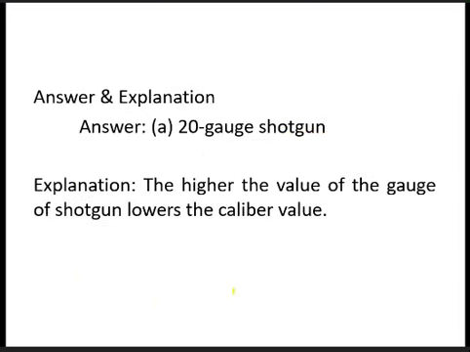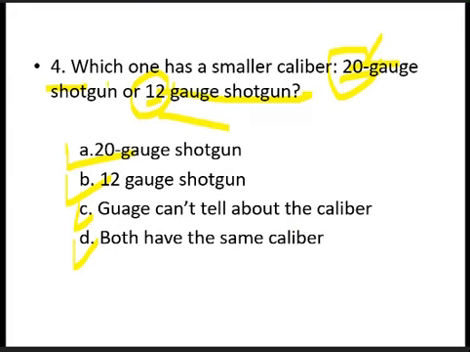Okay. Ang answer actually is 20 gauge shotgun. The higher the value of the gauge of shotgun, lowers the caliber. Di ba? Ang pangutana, kung unsa sa duha or asa sa duha ang small caliber. Ang gamay o kalibre.